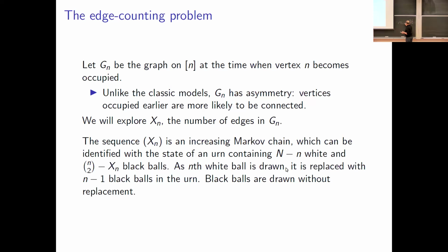When you sample an edge, you put here a black ball, and when you sample a vertex, you put here a white ball. The urn works as follows. If you draw a black ball, you put it in the row, and if you draw a white ball, it is replaced by some number of black balls. So the number of white balls will be smaller and smaller from n to 0, and the number of black balls will be variable. It's some Markov chain, this Xn.